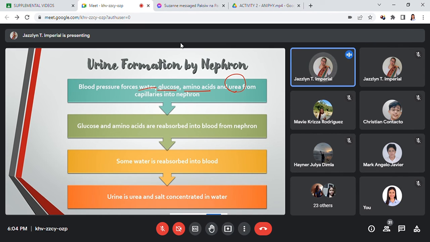Kaya class, pag nasobrahan kayo ng salty food, mga mahilig kayo sa chichirya, sa kanton, grabe ang salt, MSG, and then you really love salty food but you don't drink enough water, yan. Mareklamo po dyan, class, ang kidney nyo.